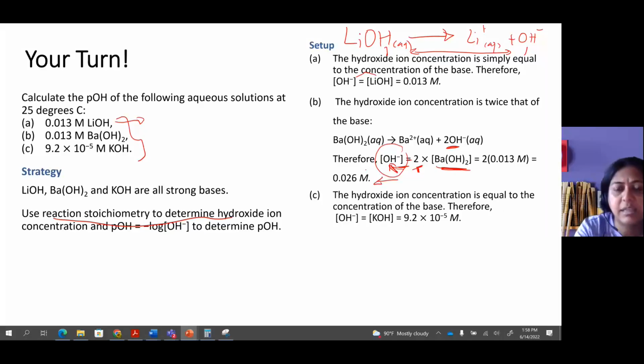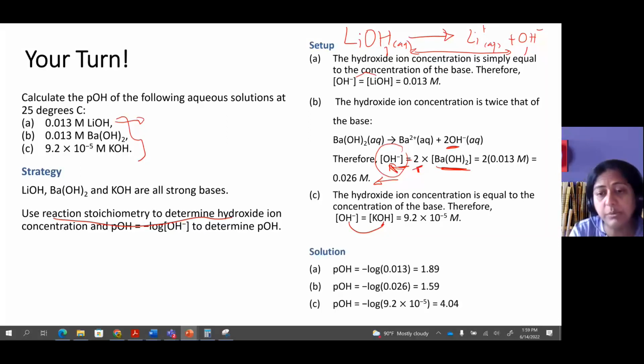And this is the hydroxide concentration. In KOH, again, it is just like lithium hydroxide. It is 1 to 1, so the hydroxide ion concentration equals the initial concentration of the KOH. Now we plug those values in and we calculate the pOH values because we are asked to find the pOH.